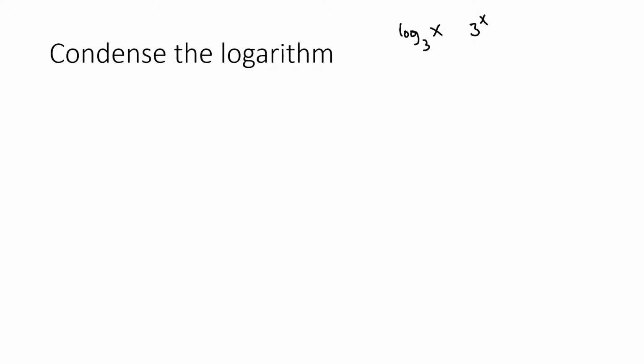Remember that if we were to combine these as either log base 3 of 3 to the x by function composition, or if we were to combine it with function composition as 3 to the log base 3 of x, no matter which way we combine it, the two are going to eliminate each other and just leave x. So this is true no matter what base we use, whether it's 3 or 5 or 7, as long as this base and this base are the same, we're going to end up with basically x when we do our function composition.